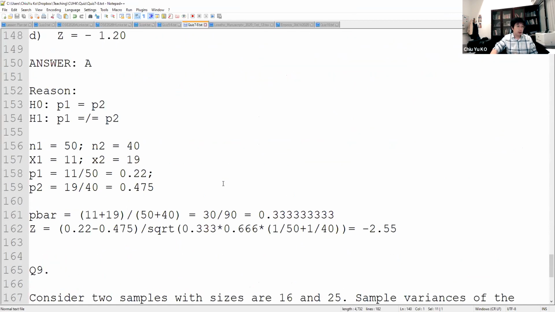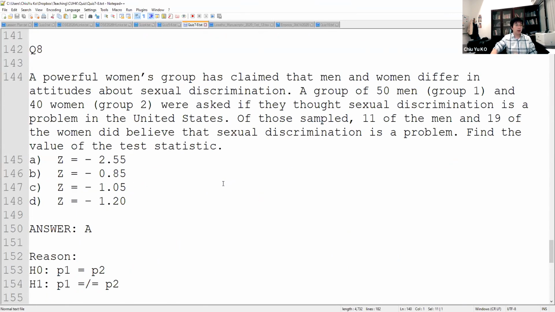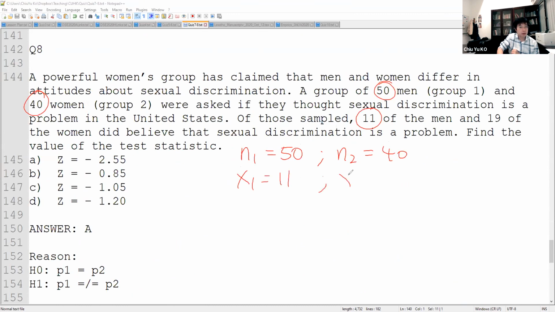So I think there are still two questions. This is a question about difference in proportion, right? N1 is 50 and N2 is 40 here, and X1 is 11, X2 is 19.